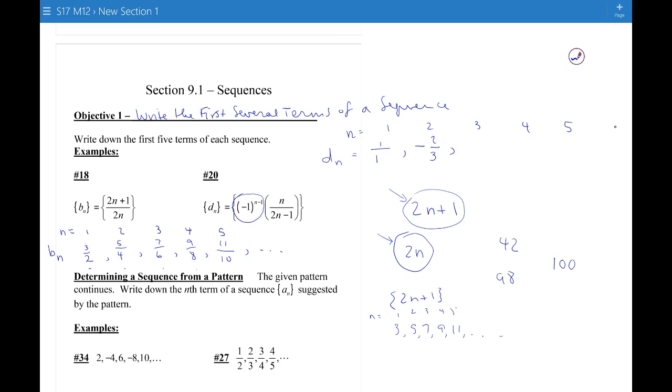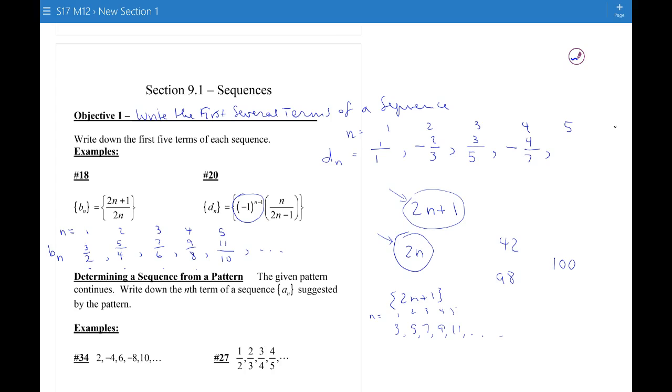Then when n is 3, I get an even power on the negative 1, so it's positive. And then I'm going to have 3 over 5. And then when n is 4, now the power on the negative 1 is odd, so I get a negative number, 4 over 7.